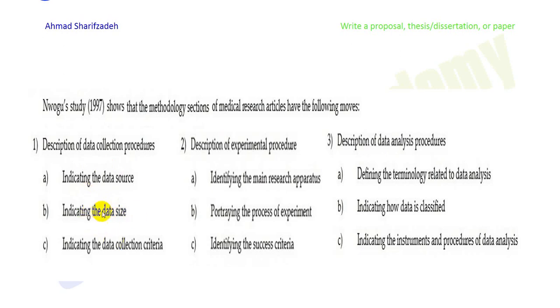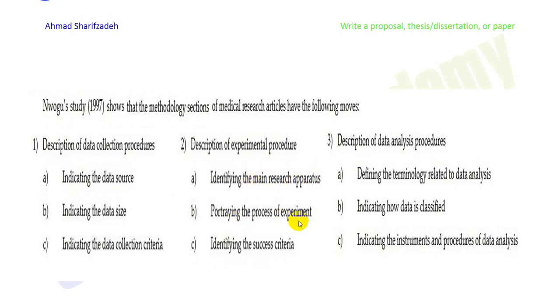Okay. In the second part, you have to tell the readers the experimental procedure, identifying the main research variables, the instruments you have used. For example, a questionnaire, a kind of thermometer, okay, a kind of instrument being used in your research.